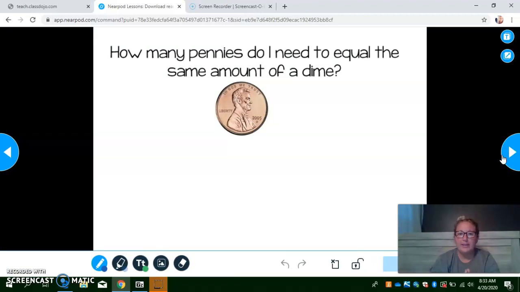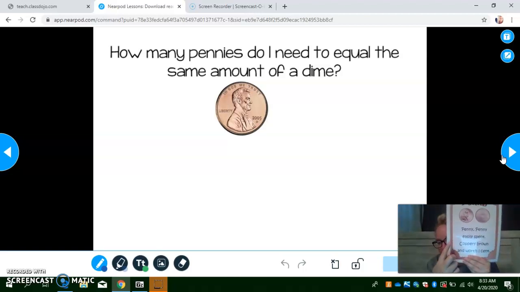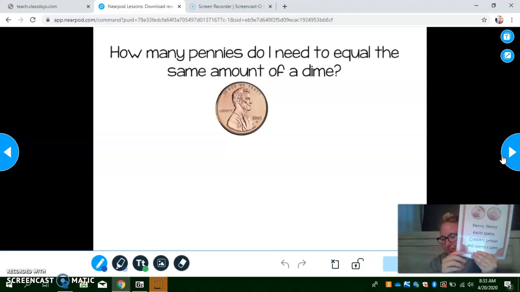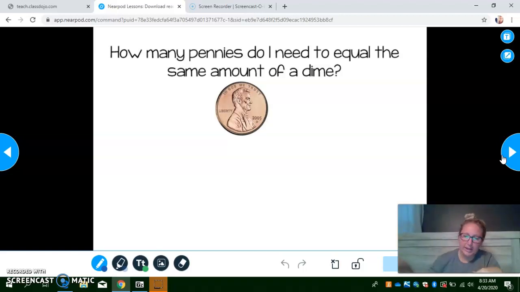How many pennies do I need to equal the same amount of a dime? Okay, so we know that a penny is worth 1 cent. And we know that a dime is worth 10 cents.